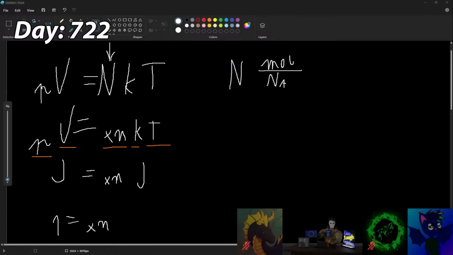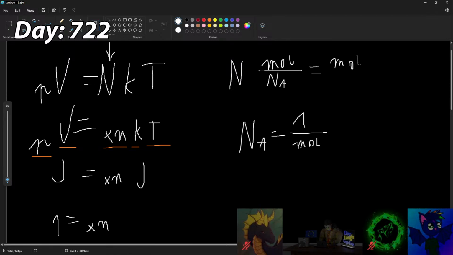Avogadro's number is mole. Okay, Avogadro's number is 1 divided by mole, which means in this case you would have mole divided by 1 divided by mole, which I may be wrong, but I do believe that's mole squared. What?